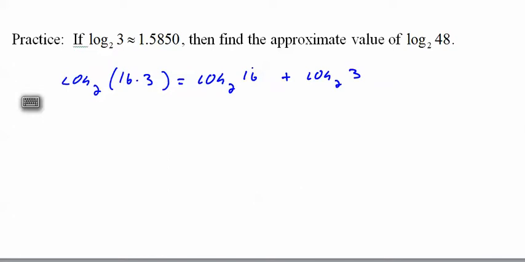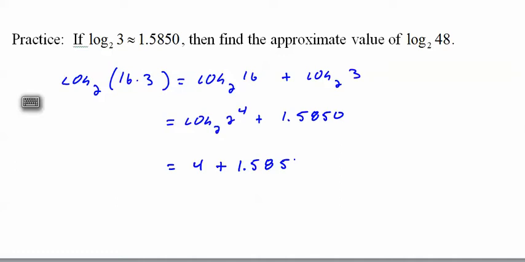Well, if you look, this has got power of 2 in it. Log base 2 of 2 to the 4th plus 1.5850. Cancel, cancel, cancel. We get 4 plus 1.5850 equals 5.5850.